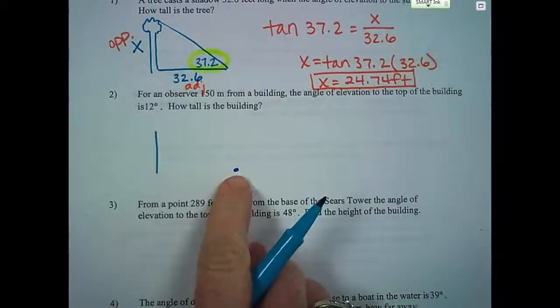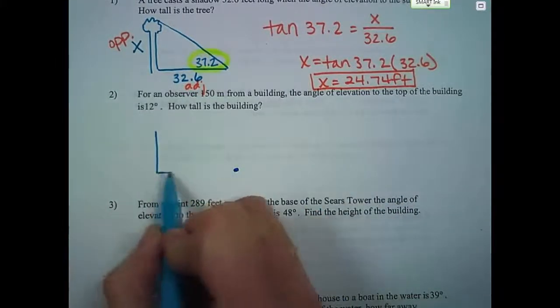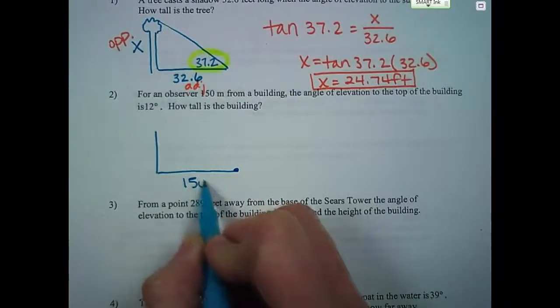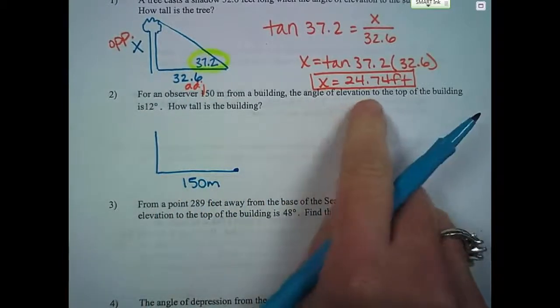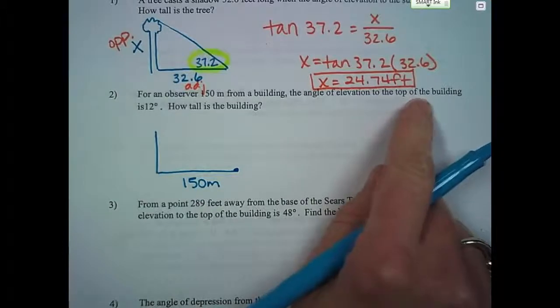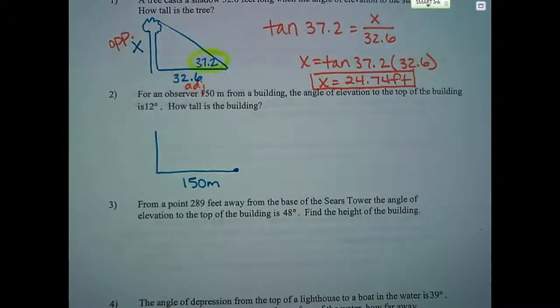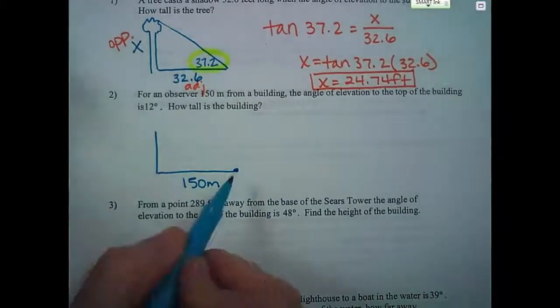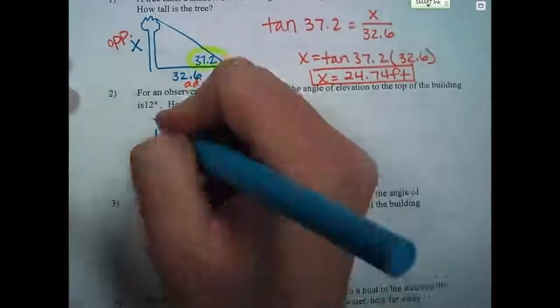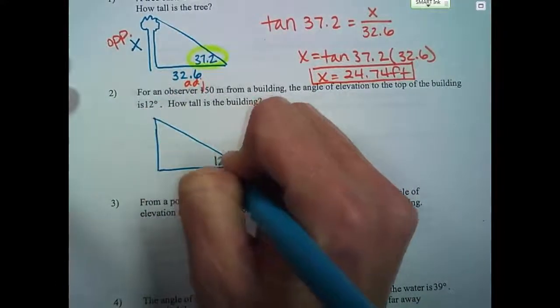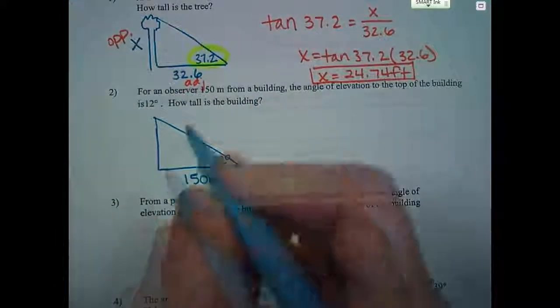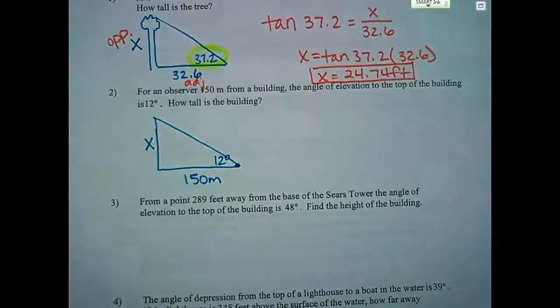How far away from the building is he? It told me he is 150 meters. And this is the angle of elevation to the top. He's at the bottom, so he's looking from where he's standing all the way to the top of the building. So there's my 12 degrees, and I want to know the height of the building.